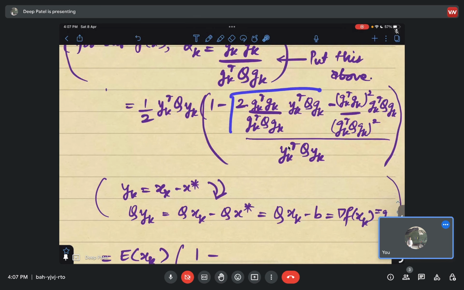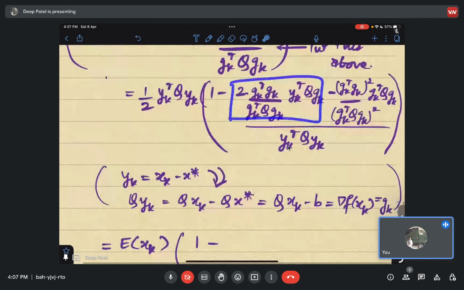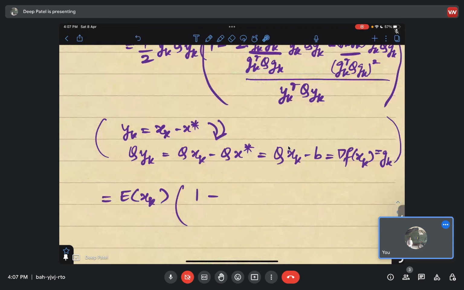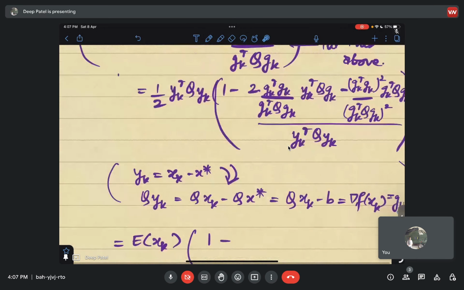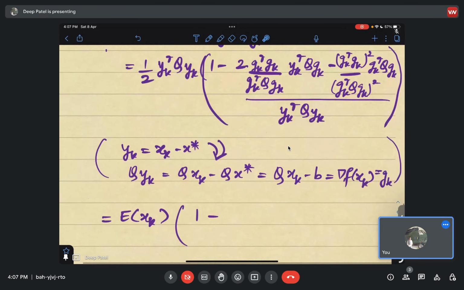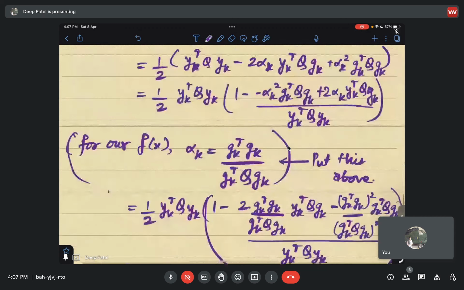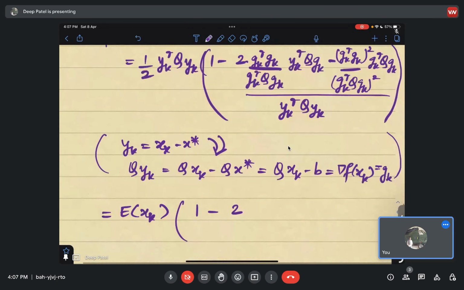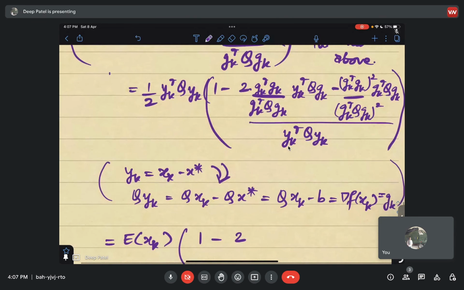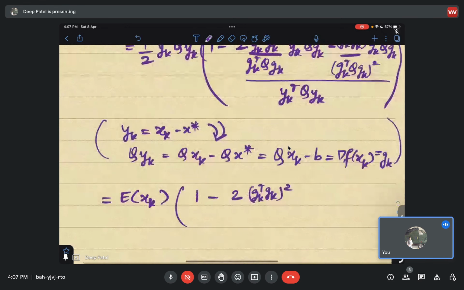So we are looking at this term. So what are we getting in this? I think what I had written was correct. The sign may be a little off, I don't know. No, this is fine. Okay.